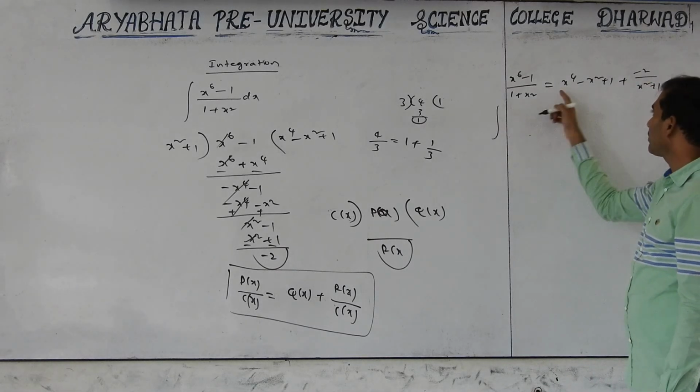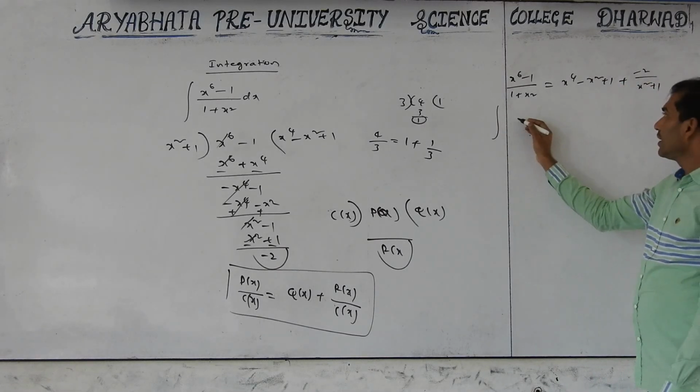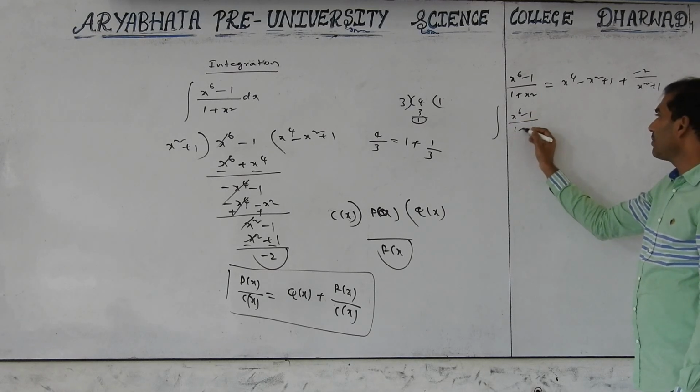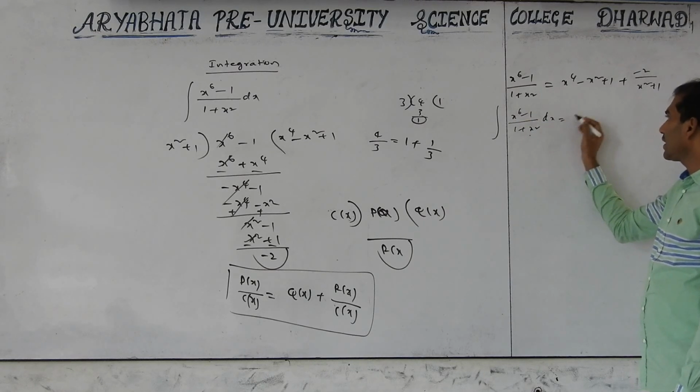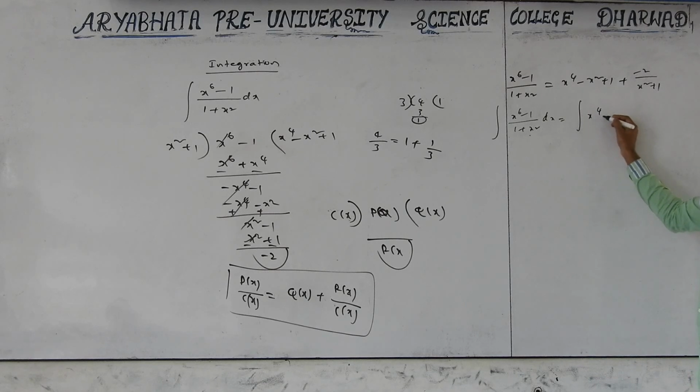Apply integration; your polynomial is okay. Integration of (x^6 − 1)/(1 + x²) dx is the integration of x^4 − x² + 1 − 2/(x² + 1) dx. This we can find because it is in standard form.